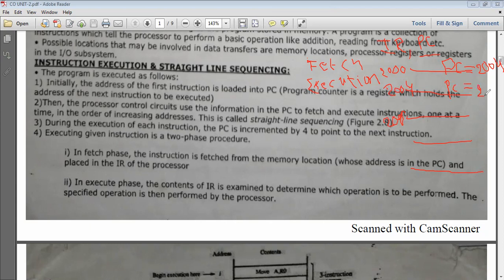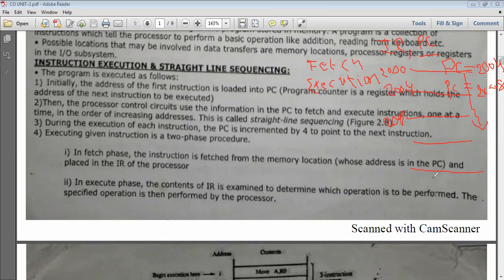That means the PC shows the flow of execution. Whichever instruction is executed next, that location will be stored in the PC. This is sequential execution: first instruction, second instruction, third instruction, like that.